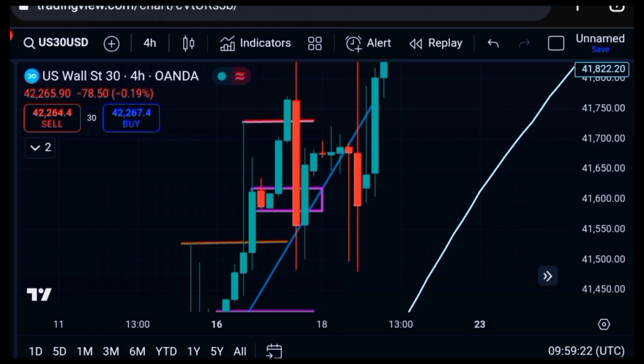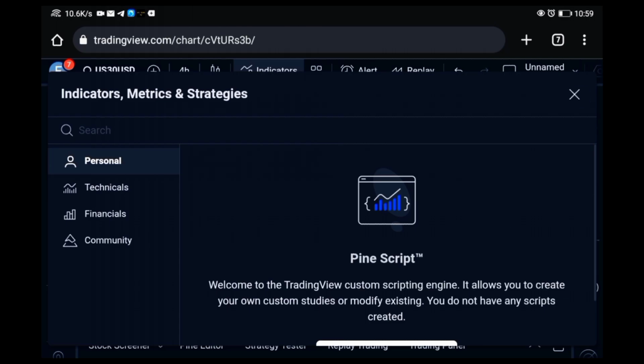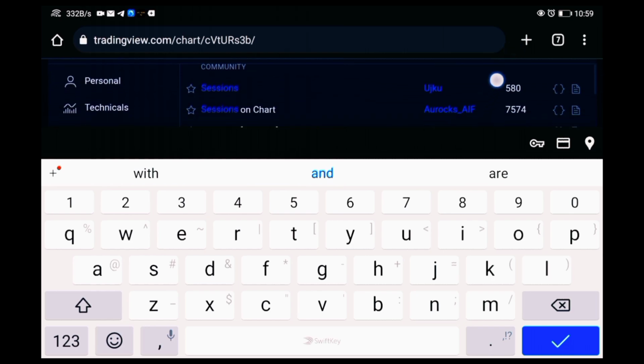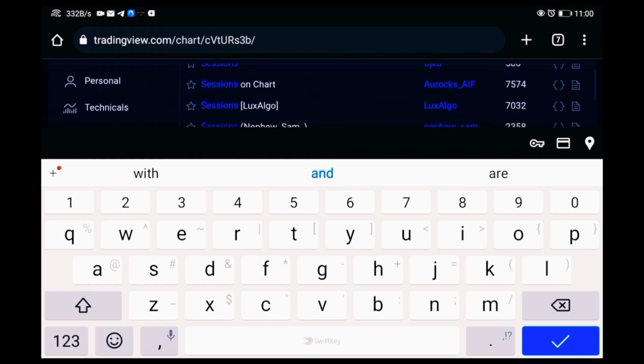How will you know when this happened? That is when another indicator comes in, which is the Asia range. You go to indicators, you search, you type in sections. Once you type in sections, you scroll and choose Sections by Lux Algo.